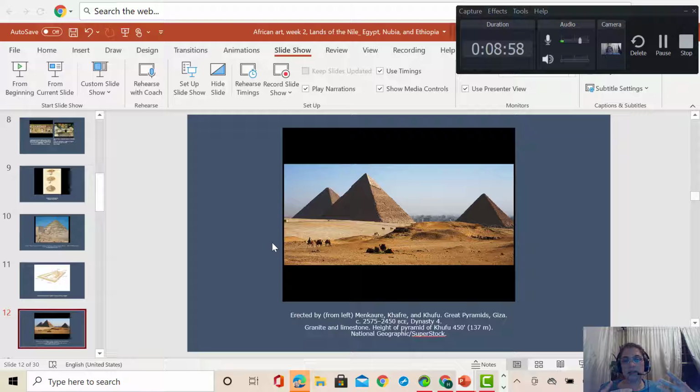And it's a dynasty that is buried here. We have the grandfather, the father, the son. So we have Menkaure, Khafre, and Khufu that are buried in these tombs.